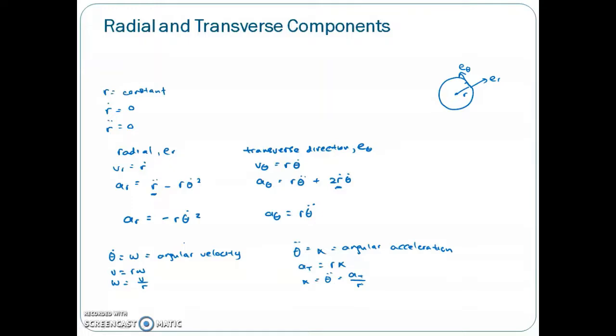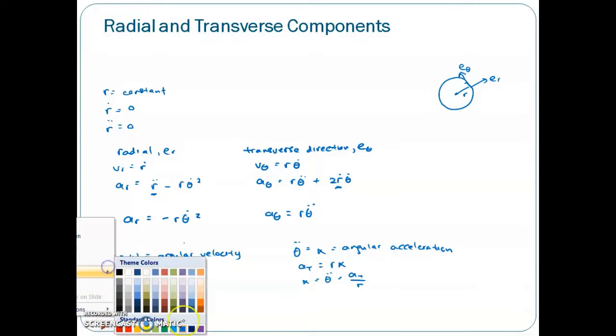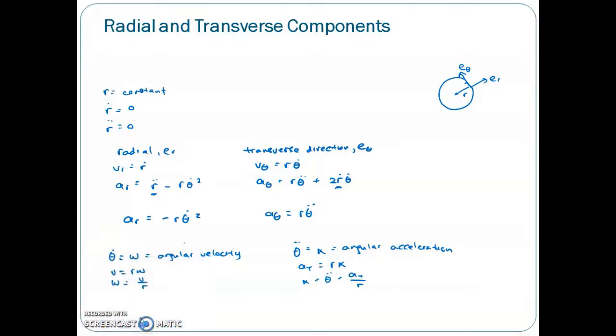So these radial and transverse accelerations can then be further simplified. The radial one becomes negative R times (v over R) squared, which is equivalent to negative v squared over R. So this is what we call the radial direction acceleration.